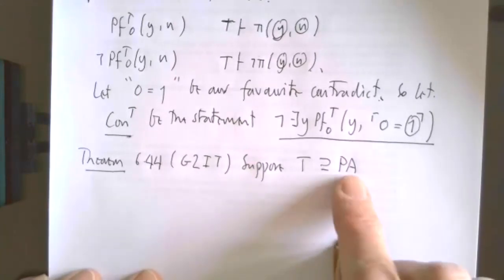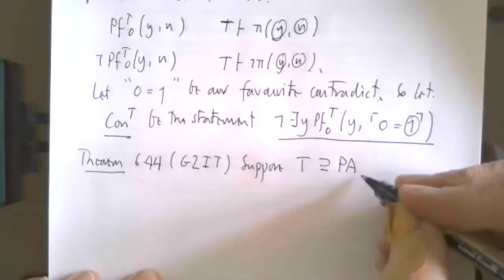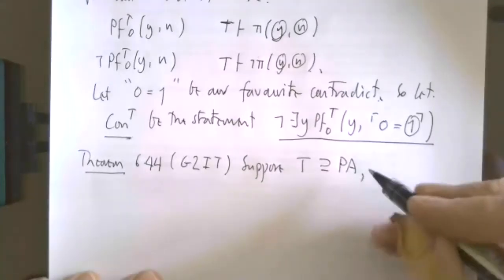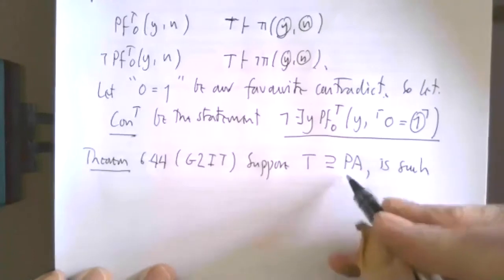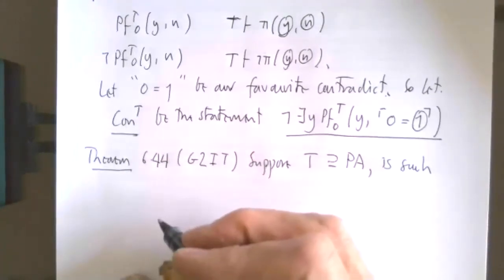Some induction is needed for this theorem, which isn't available in Q. Q has no axioms about induction. And we suppose T is, again, consistent and recursively axiomatizable.